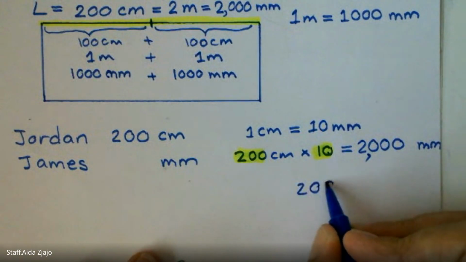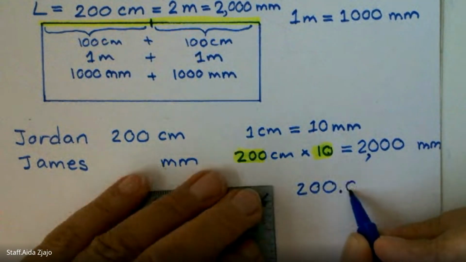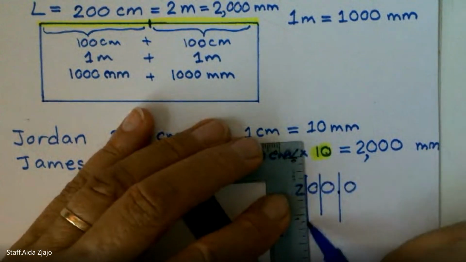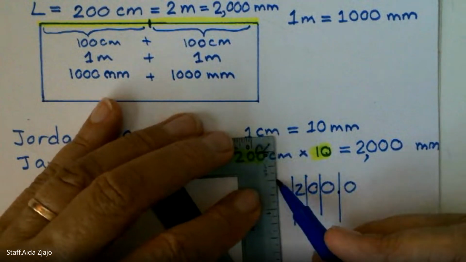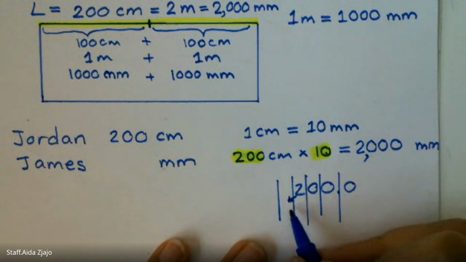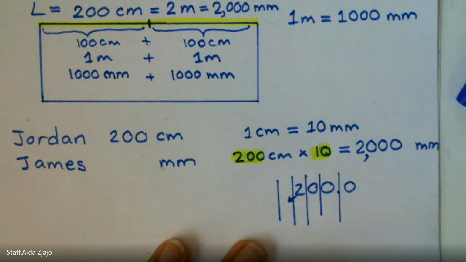If that is 200, okay, I can make a place value chart. So now I know I need to multiply by 10, so the value is going to grow 10 times.